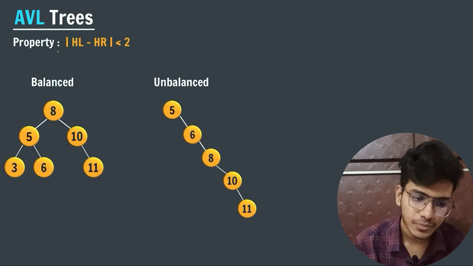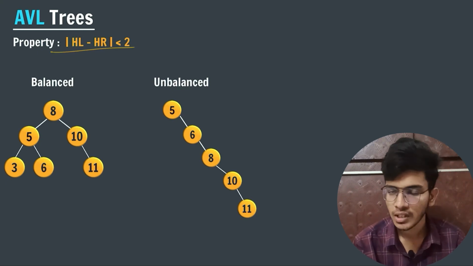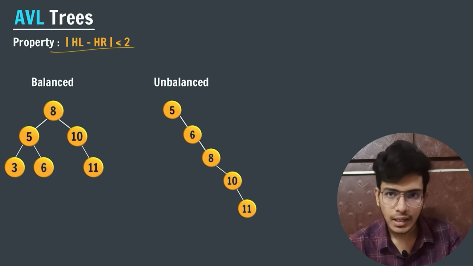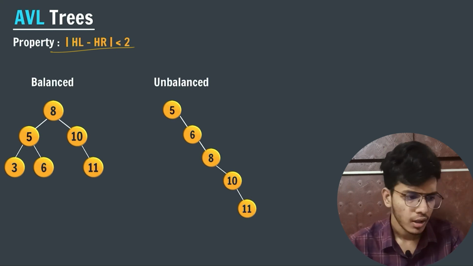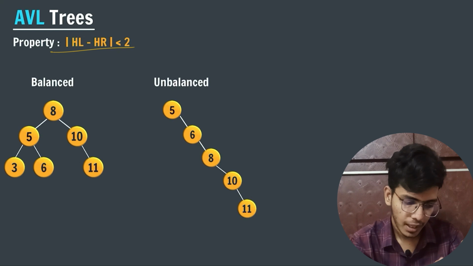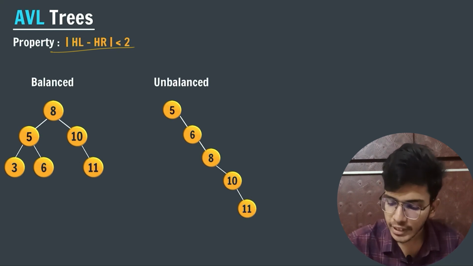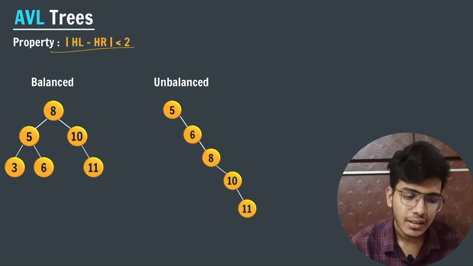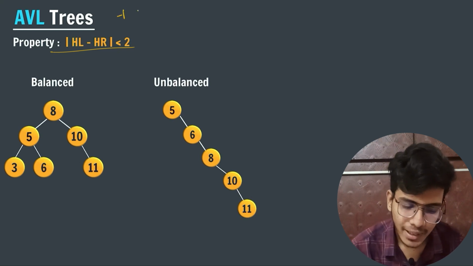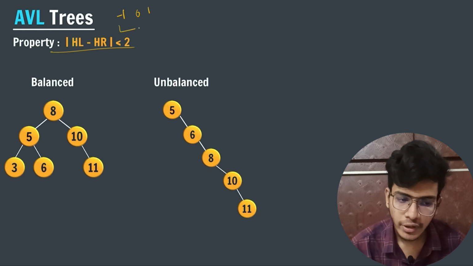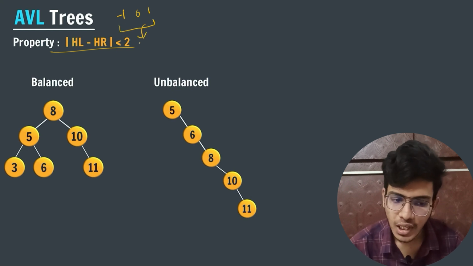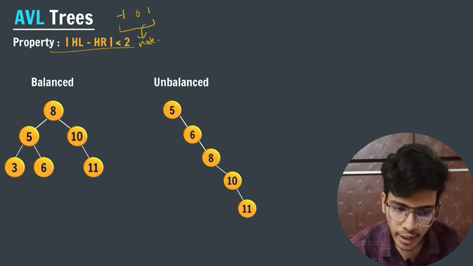Calculate the left height for a particular node, calculate its right height, and if you get the final value as -1 or 0 or 1, then that particular node is considered a balanced node.